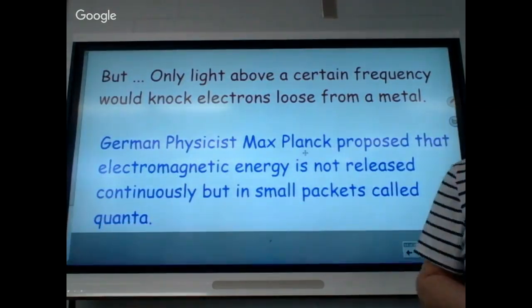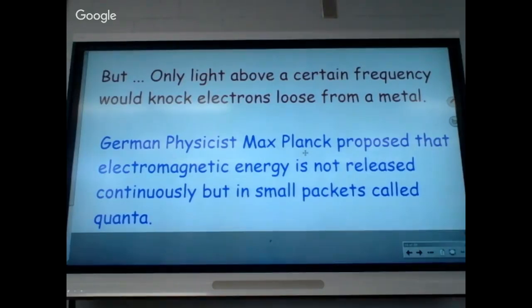There's a German physicist by the name of Max Planck, and he's dead. We talk about a lot of dead people. He proposed that electromagnetic energy, or EMR, is not released continuously, but in small packets called quanta.